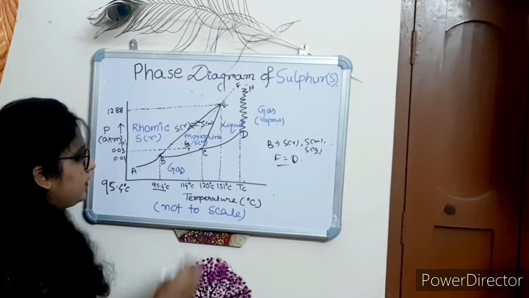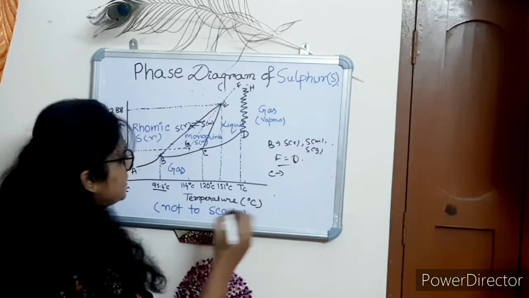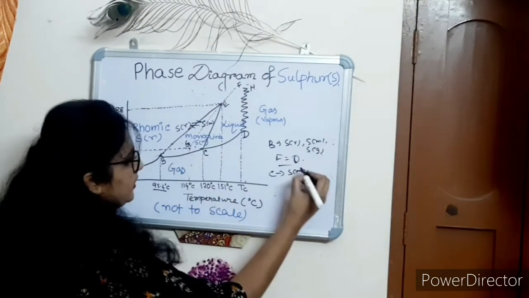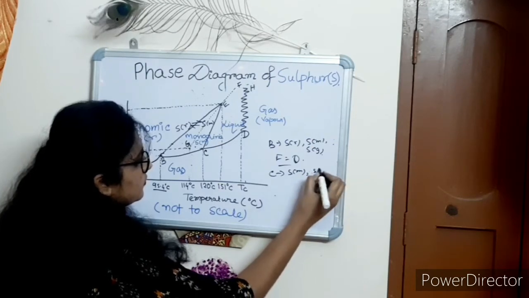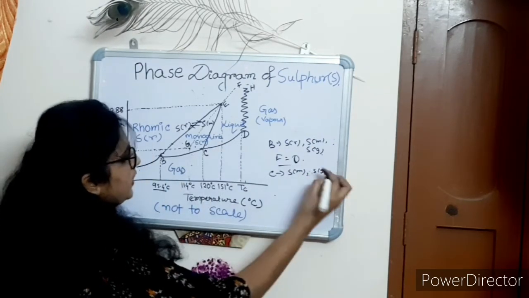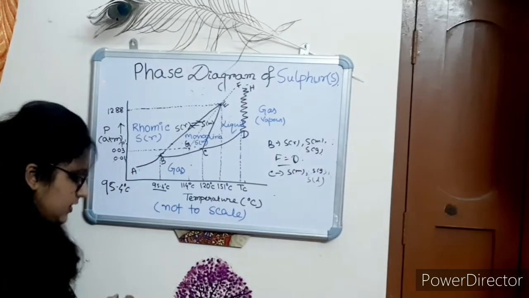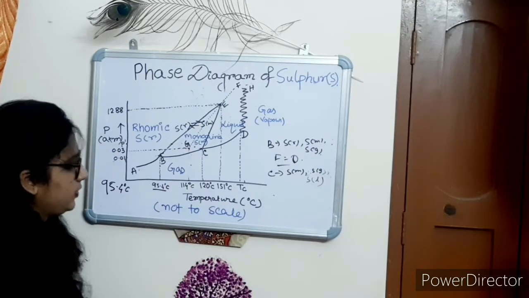Another triple point is C. At C, sulfur in the monoclinic state, sulfur in the gaseous state, and sulfur in the liquid state can coexist. So C is also a triple point.